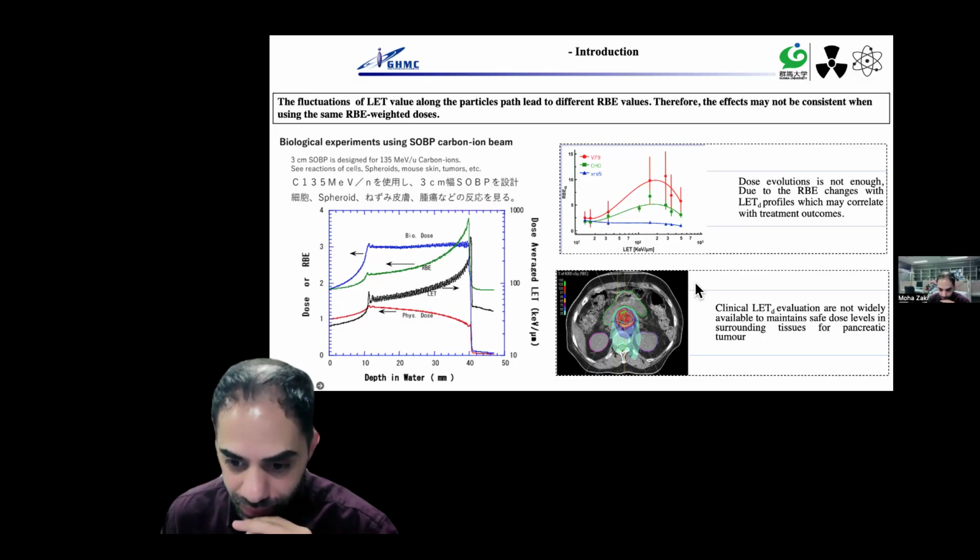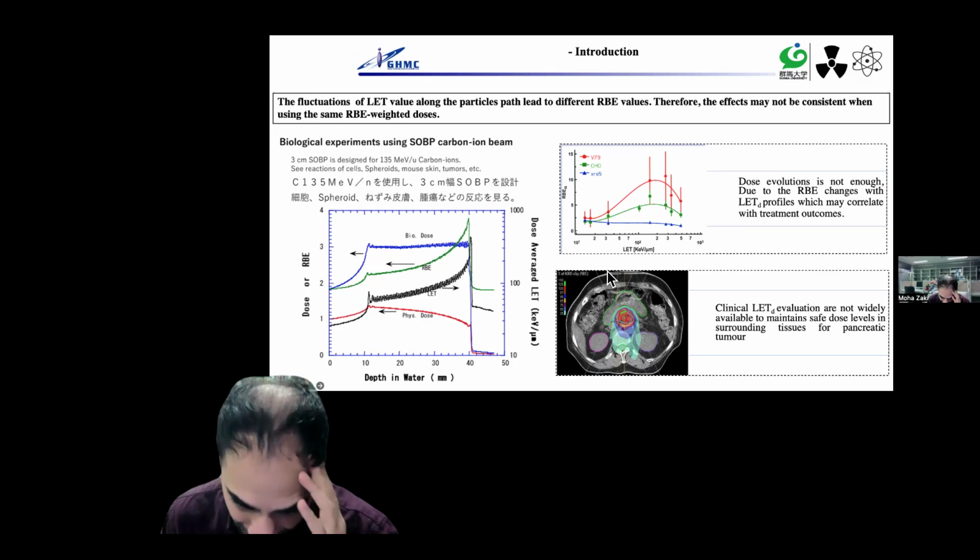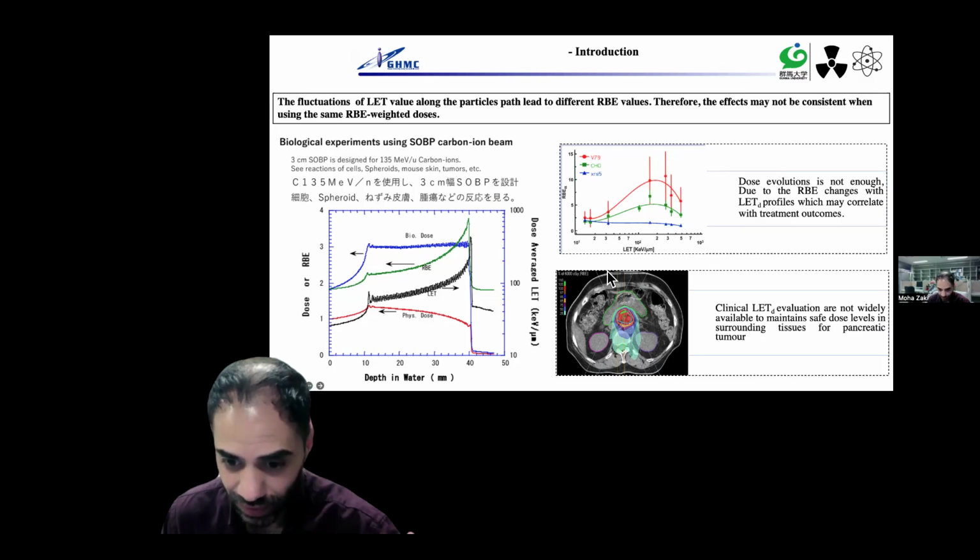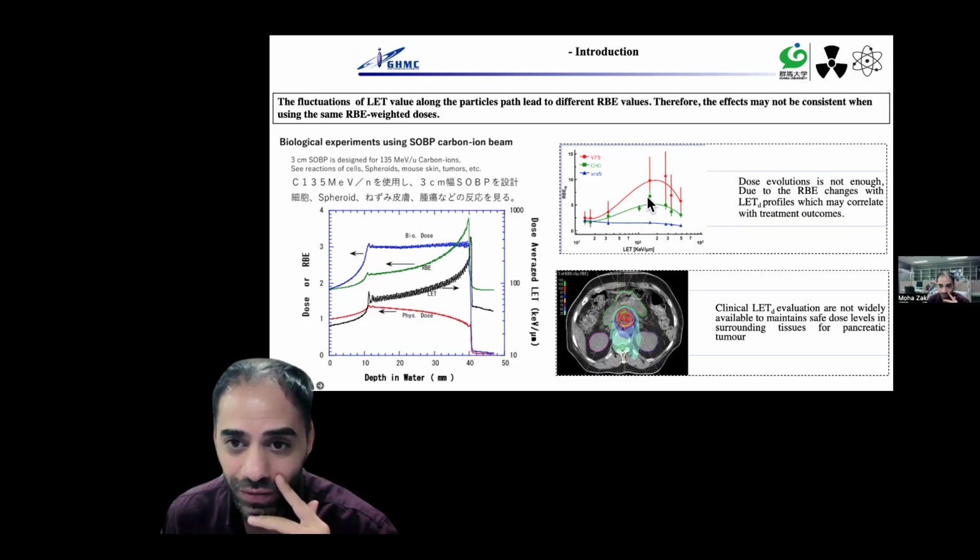even though the weighted dose appears to be acceptable, the RBE effect is not uniform.